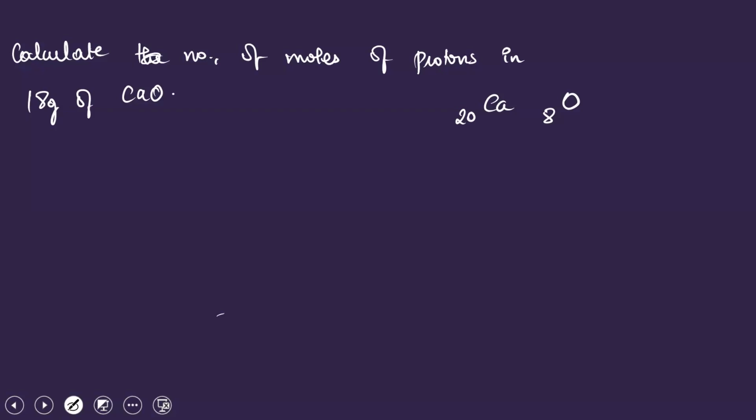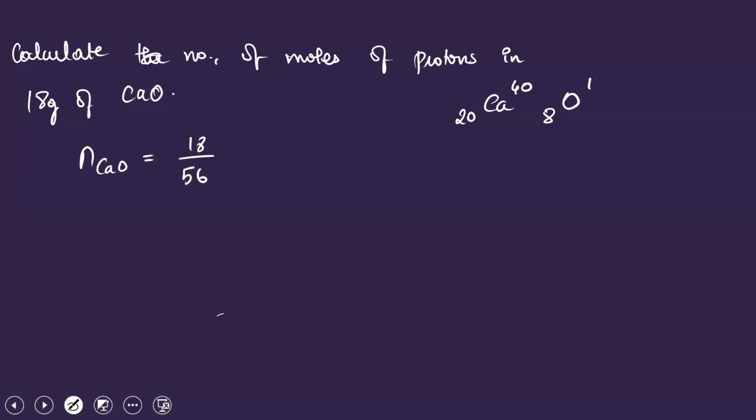Okay, let's check. Why didn't you try, Siddesh? Okay, what about you? I calculated the number of moles of CaO. Very good. So the first step that you did is to calculate the number of moles of CaO. That is the right step. The number of moles of calcium oxide is 18 by 56, right?